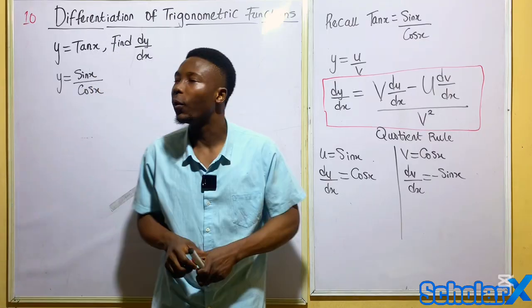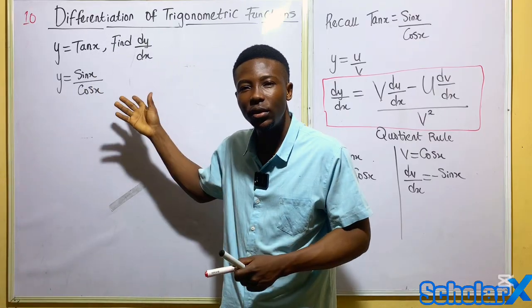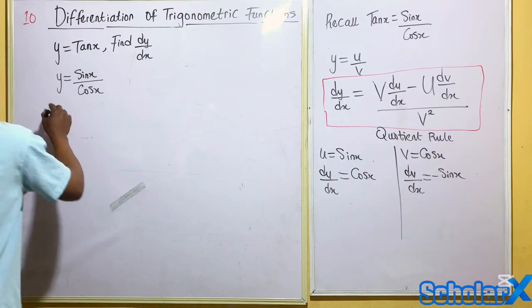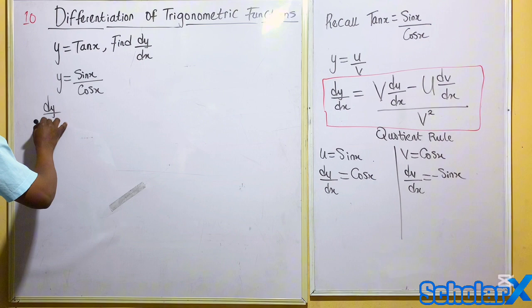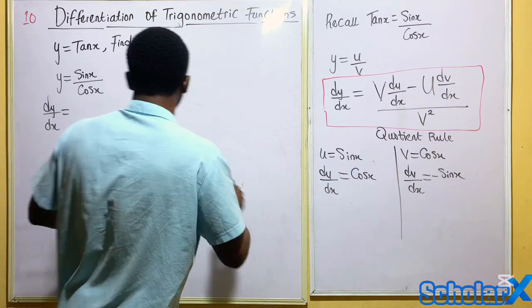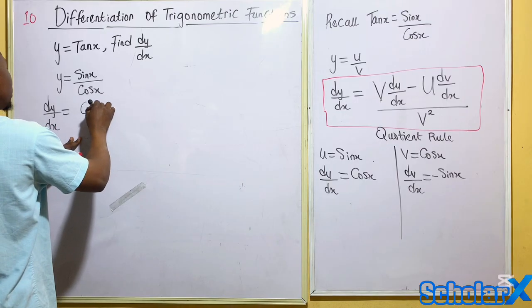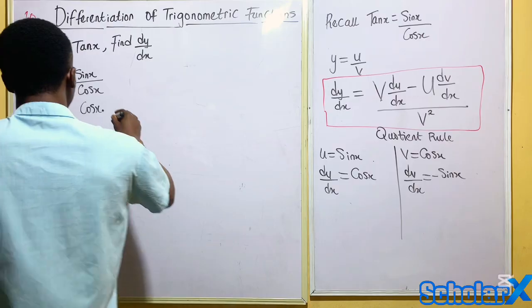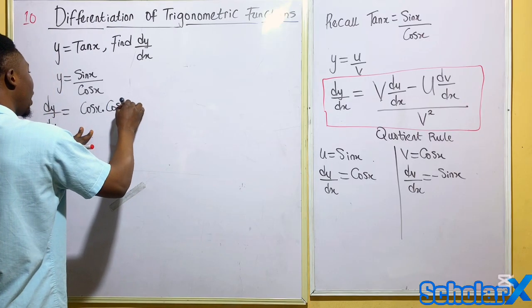So what do we do now? We're going to go straight to applying the quotient rule. Applying the quotient rule, dy dx now becomes v du dx. Our v is cos x, multiplied by our du dx, which is cos x.